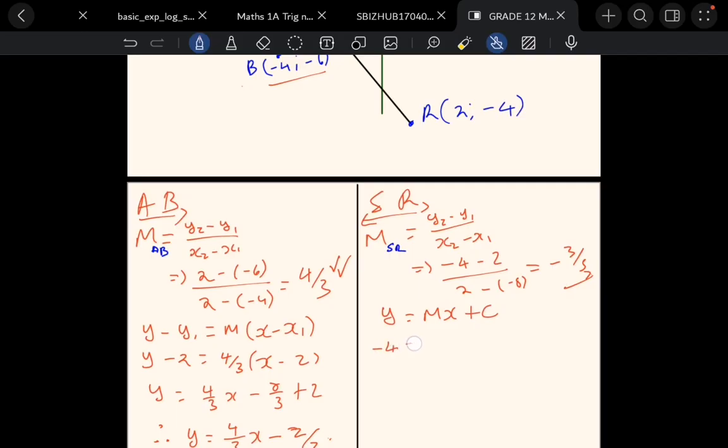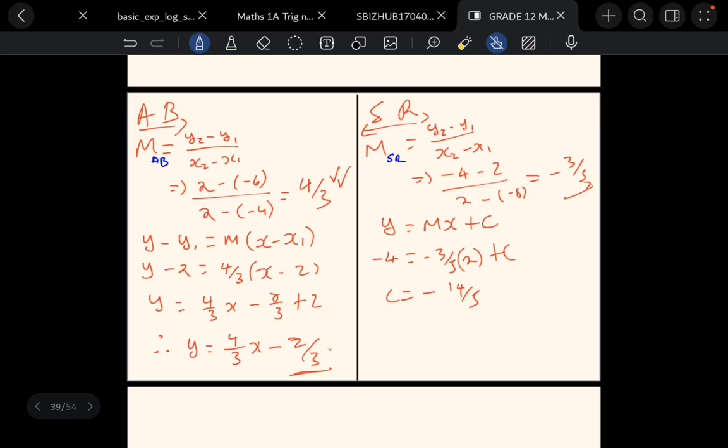I'm going to substitute in negative 4. The gradient is negative 3 over 5. What is the associated x coordinate of negative 4? It's 2. So negative 4 is equals to negative 3 over 5 times 2 plus c, and then solve for c. c is going to be negative 4 plus 6 over 5, which is negative 14 over 5.